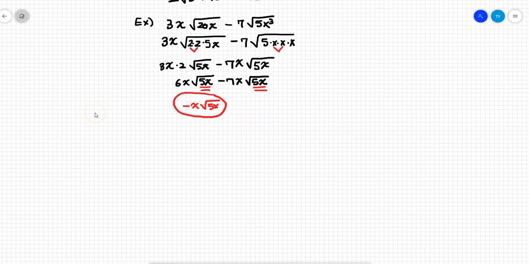When you add and subtract radicals, you have to have the same radicand and the same index. And if it doesn't appear to have the same radicand, try to make it as simple as possible. See if you can determine whether you need to do the operation or not. Okay, so there are some other ones we're going to look at here. So let's look at another one.